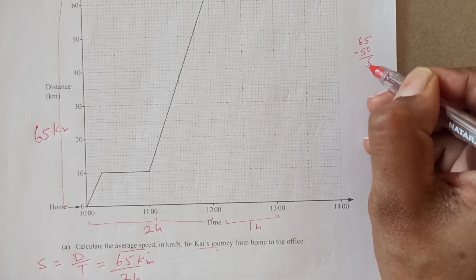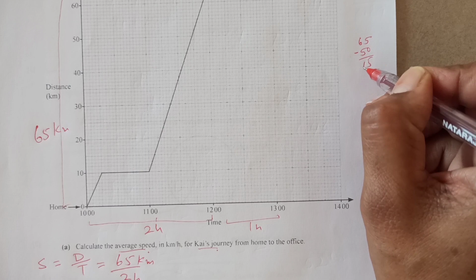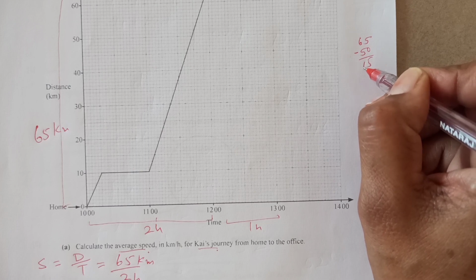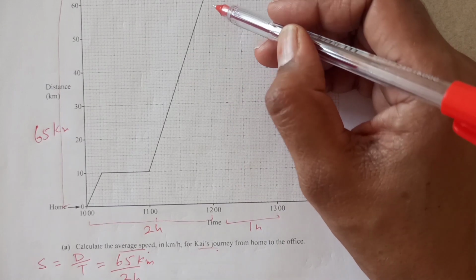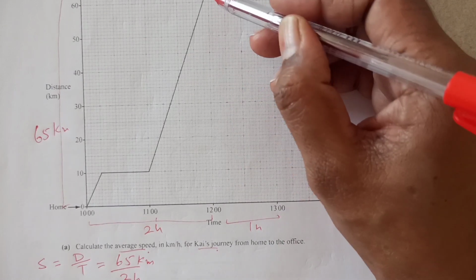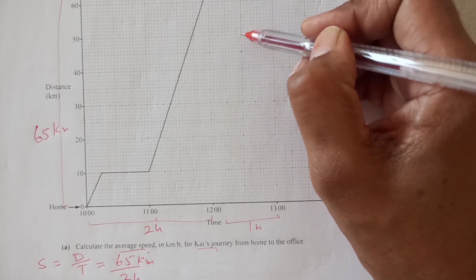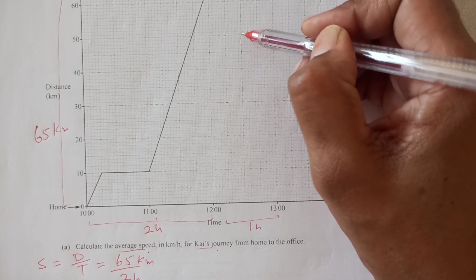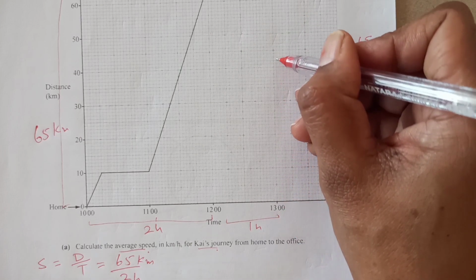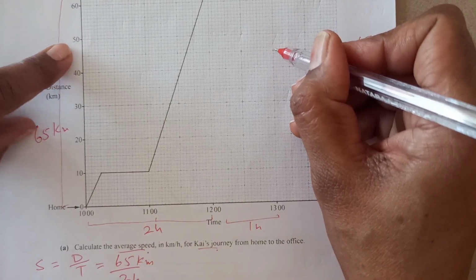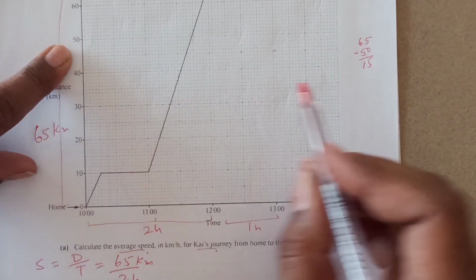So that means he will be at 15 kilometers in 1 hour. So 15 kilometers from here is, you see, this is 10, then this is 5. So he's supposed to be here at this time. 1 hour he's supposed to be at 15.